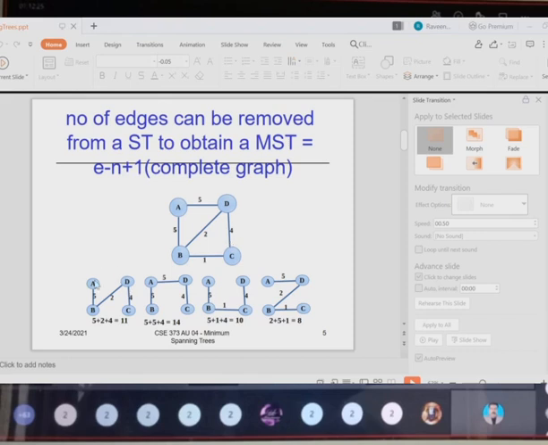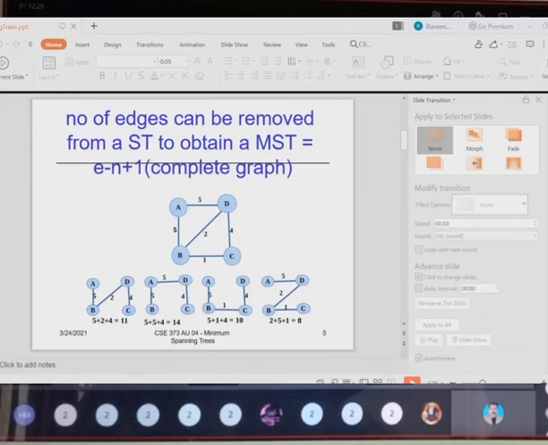Then Kruskal's is to pick the lowest cost edge not yet in a tree that does not create a cycle. So in Prim's, we just visit the nodes. The edges and also the vertices are already known in Prim's, but in Kruskal's we construct it according to the arrangement of our edges, the weight of the edges.